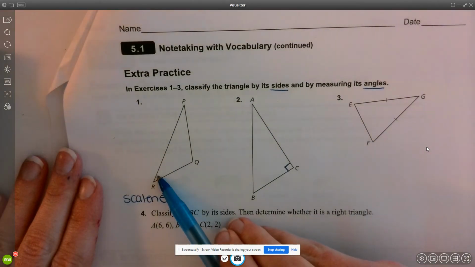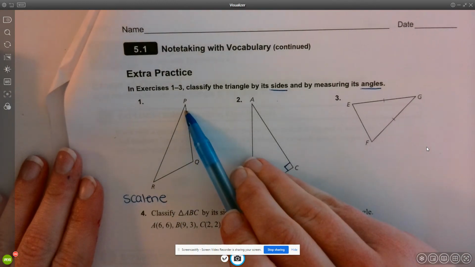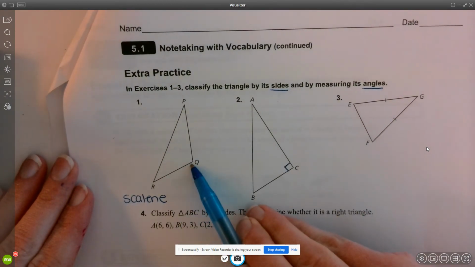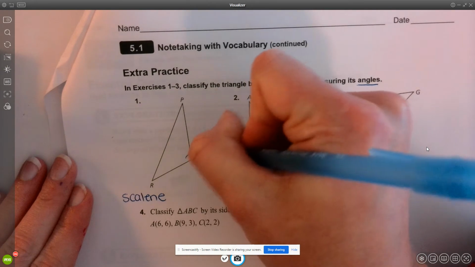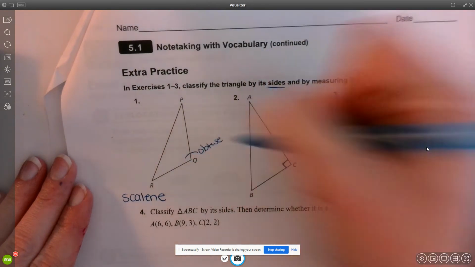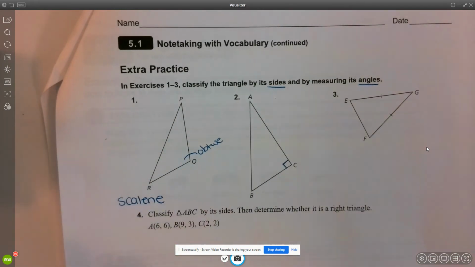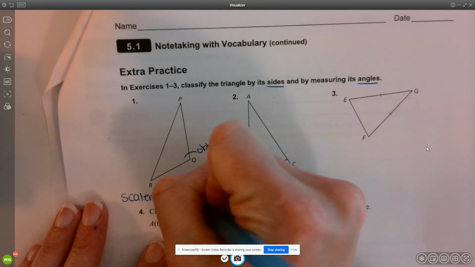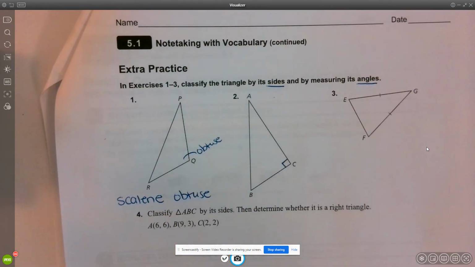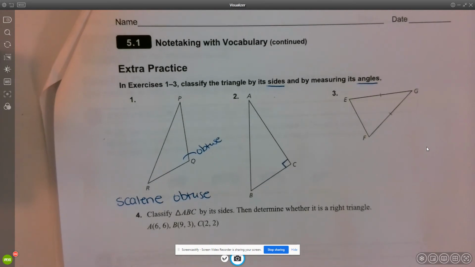So I'm looking, this is an acute angle, this is an acute angle, this one is obtuse. So we said when a triangle has one obtuse angle, we would call it an obtuse triangle. So this triangle is a scalene obtuse triangle, or an obtuse scalene triangle.